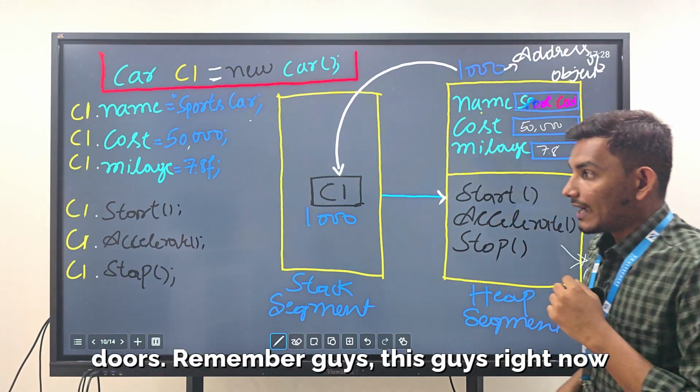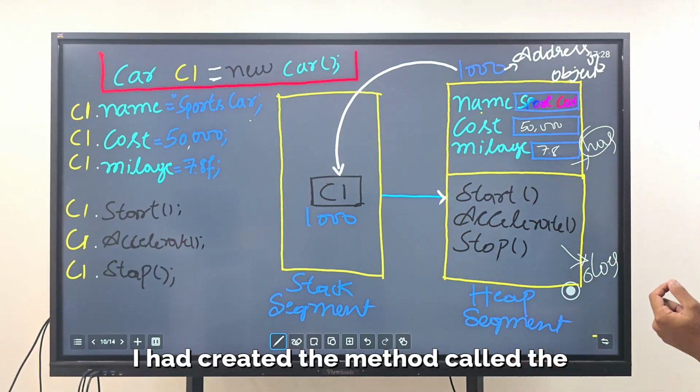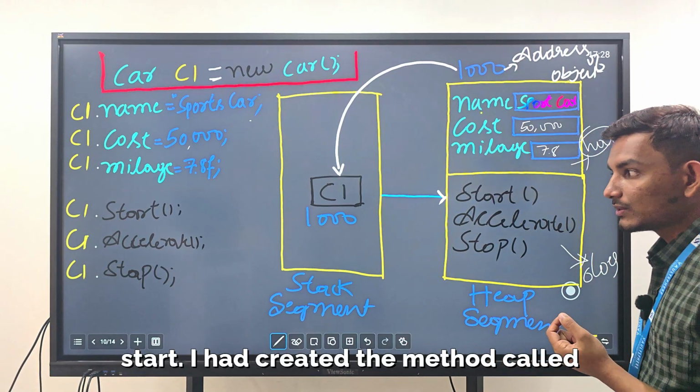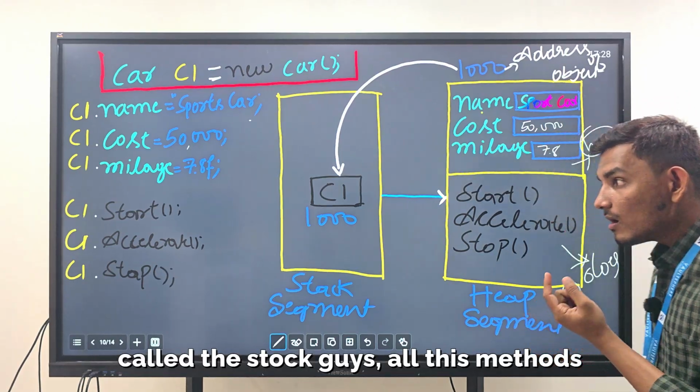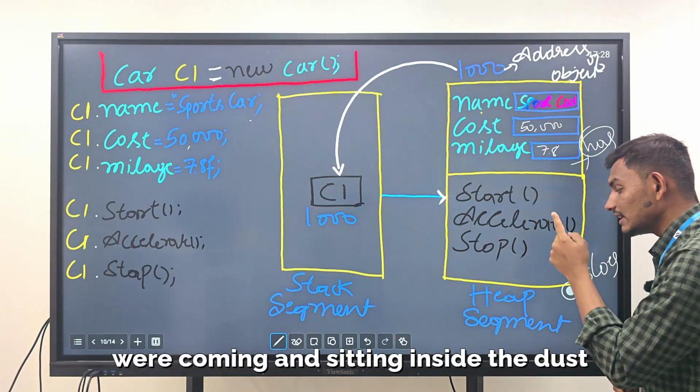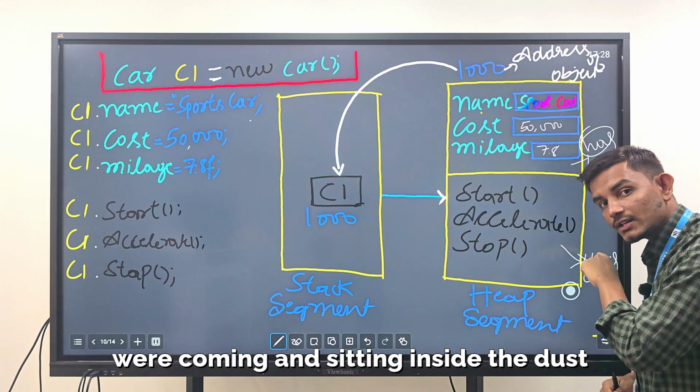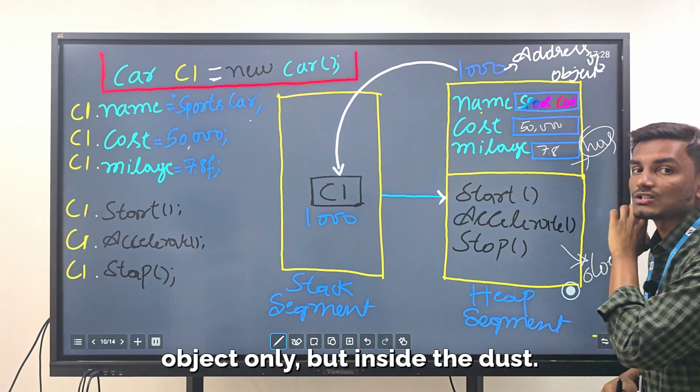Remember this, guys. Right now I have created the method called start, the method called accelerate, and the method called stop. Guys, all these methods are coming and sitting inside the does part of the object.